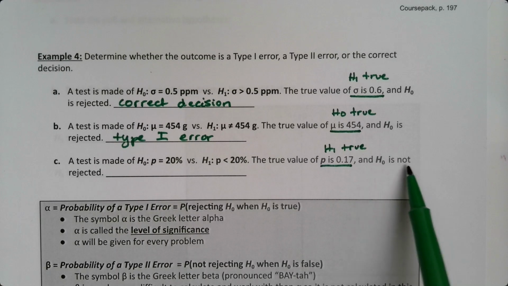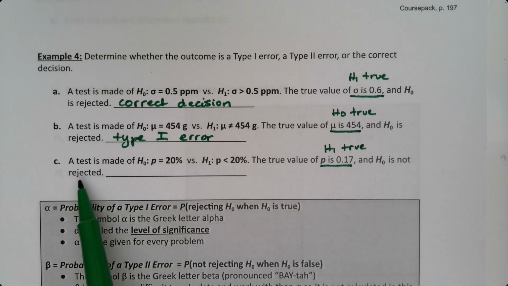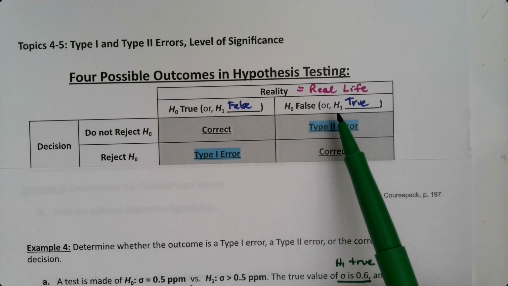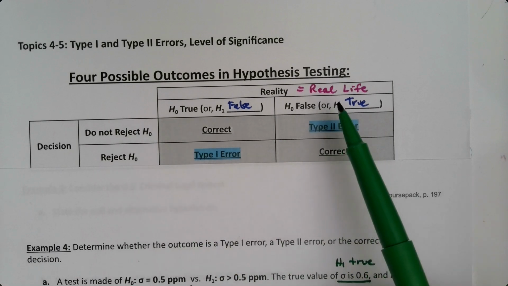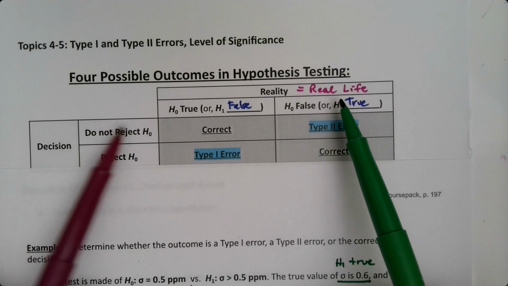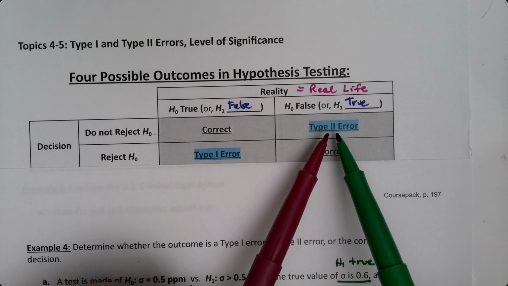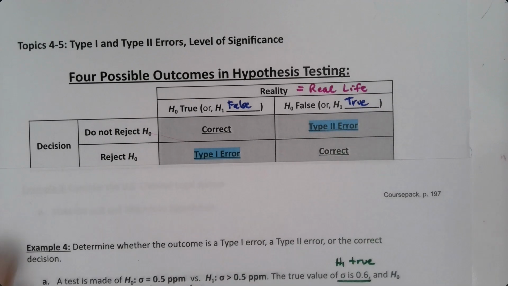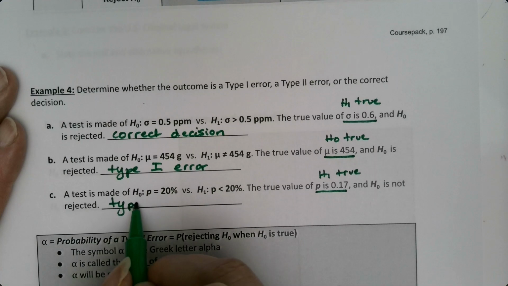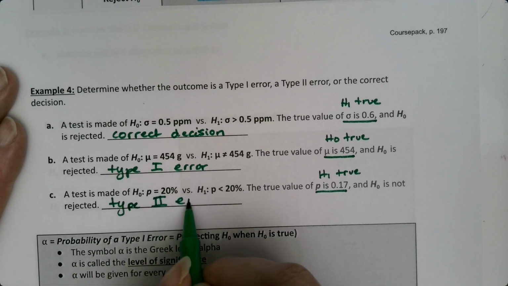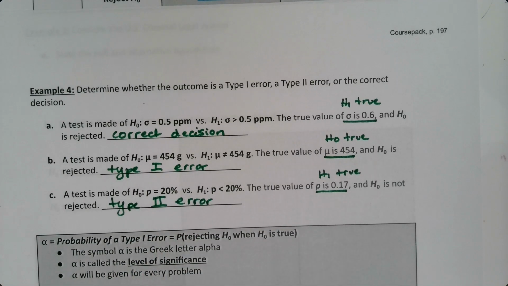We chose to not reject the null hypothesis. So if H1 is true, but we do not reject the null hypothesis, that means we're making a type 2 error right here. Okay, so type 2 error. And they always use Roman numerals. You could use the regular 1 and 2, but we use Roman numerals.